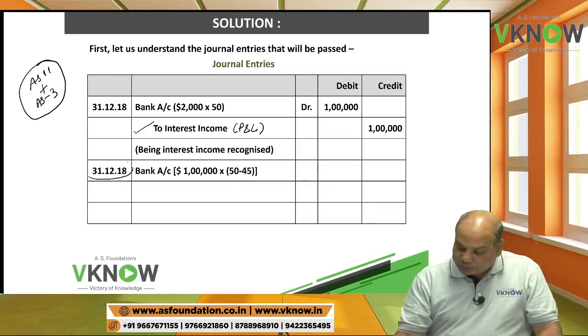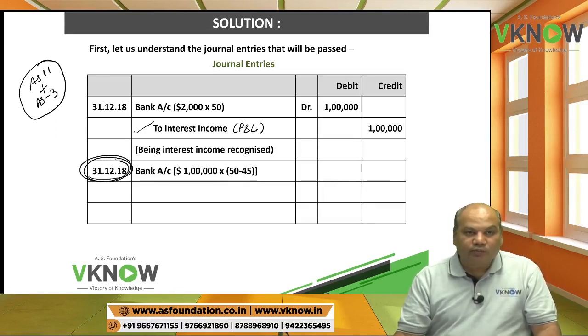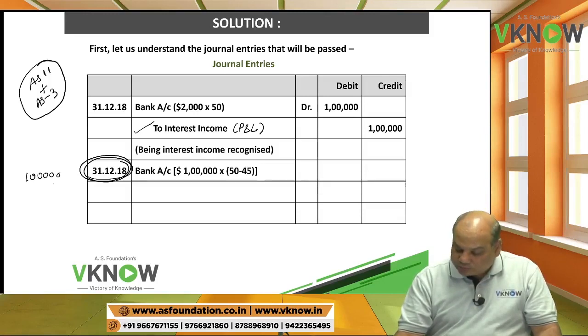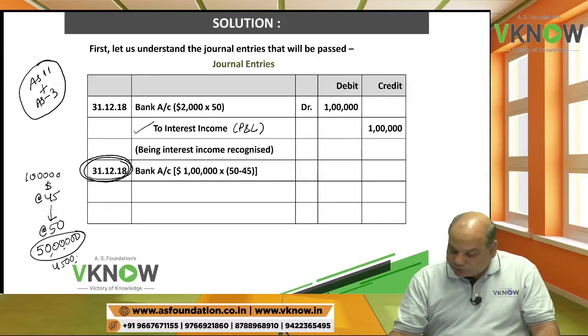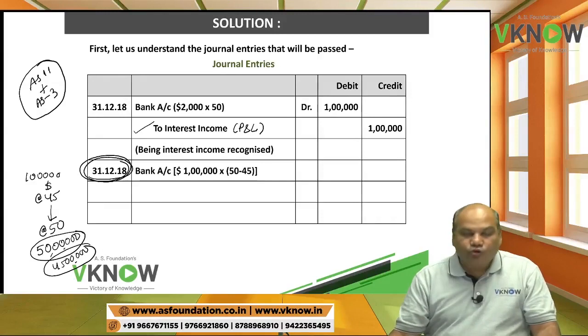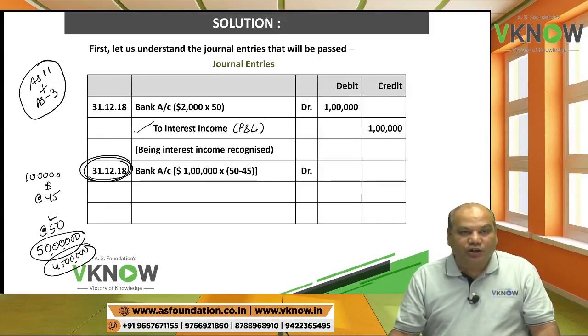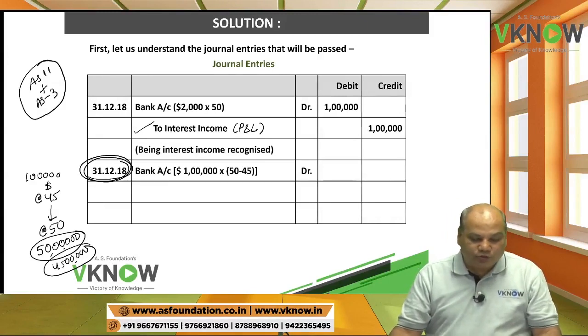31/12/18. Now we have opening balance $1 lakh, which was recorded at 45. Now the rate is 50. So I will have to restate the opening balance to 50 lakh, whereas in the books it is 45 lakh. Therefore there will be an unrealized exchange gain of 5 lakh rupees.